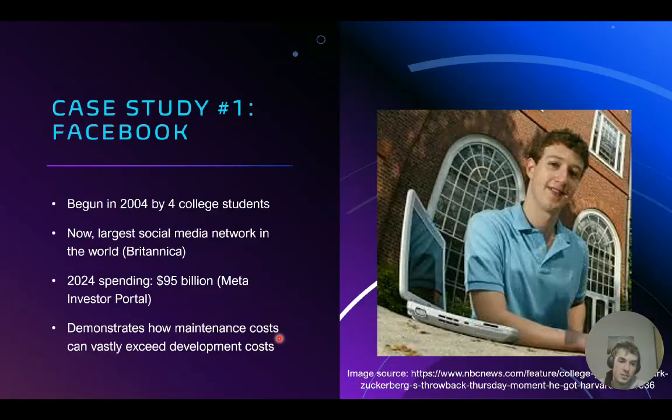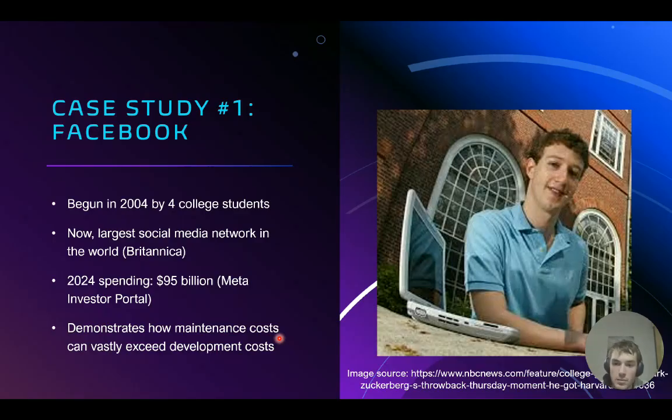Let's look at some case studies of project budget and budget factors in projects. We've talked about Facebook already in this series, but it was begun in 2004 by 4 college students, and now it's the largest social media network in the world. And so you can imagine that the development cost initially for Facebook was relatively small. It was kind of a passion project for these college students. It was something that they were interested in.